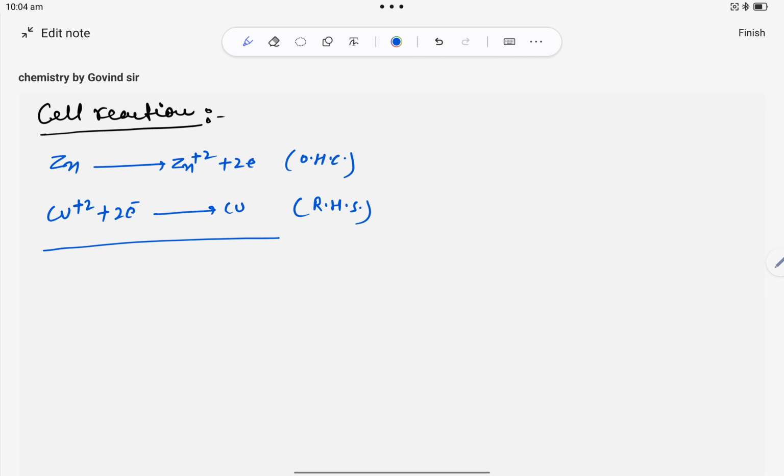In the net cell reaction, children, electrons should be cancelled, that you have to remember. So what is the net cell reaction? Zn plus Cu plus 2 gives Zn plus 2 plus Cu.